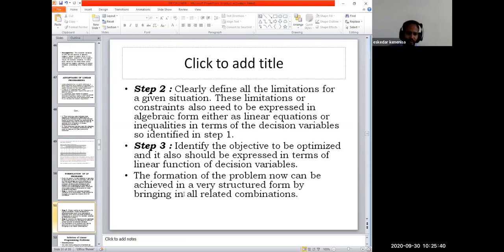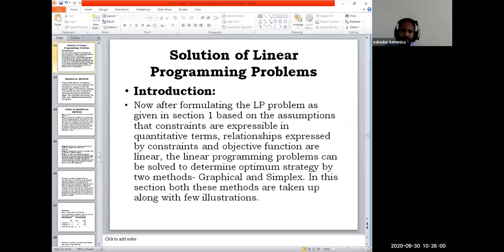So the formulation of the problem can now be achieved in a very structured form, by bringing these steps together.